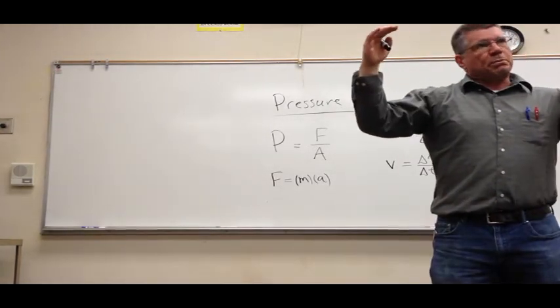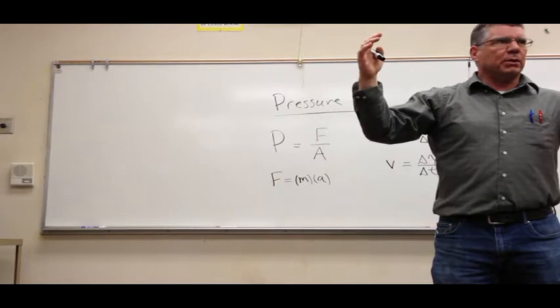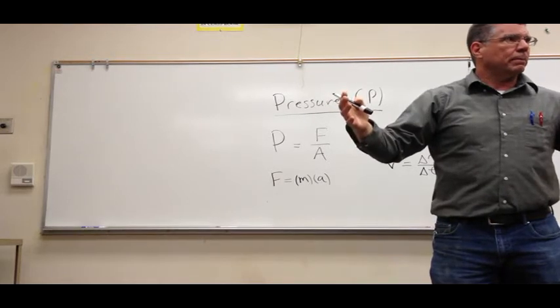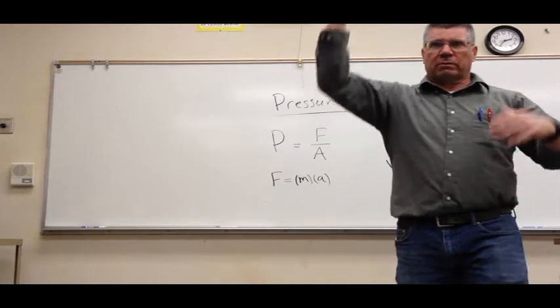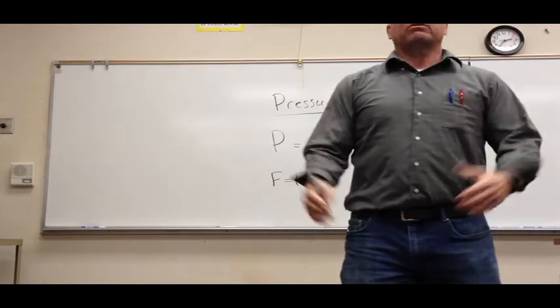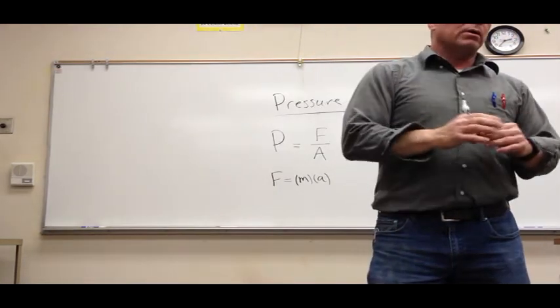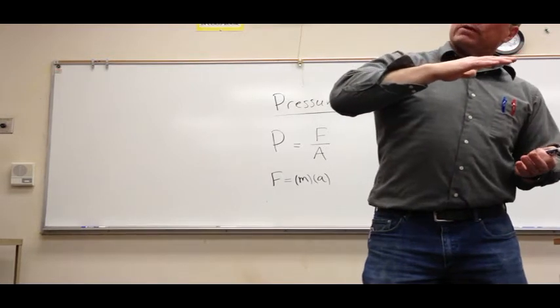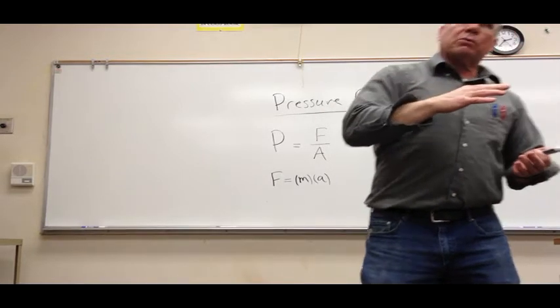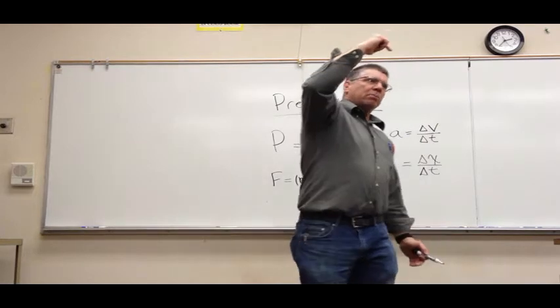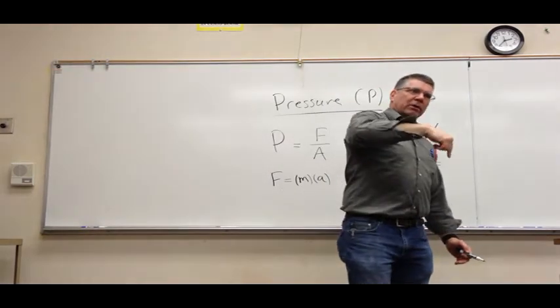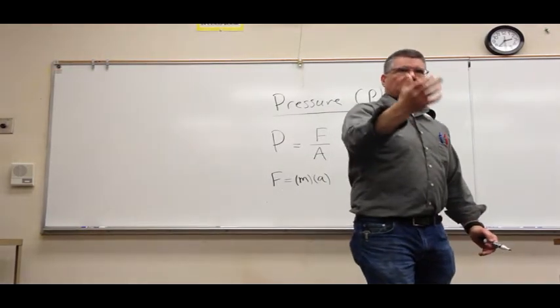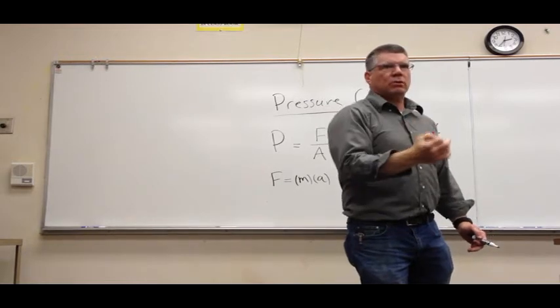It doesn't fly off into outer space because of gravity, right? Gravity attracts the gaseous atoms in the atmosphere and pulls them down. Not only does it keep them from flying off into outer space, but it also means that they're being accelerated. Gravity is a force, but there's an acceleration due to gravity, g, right?